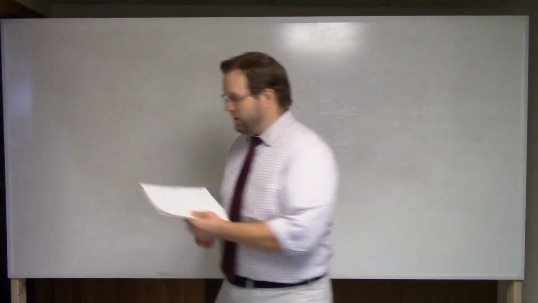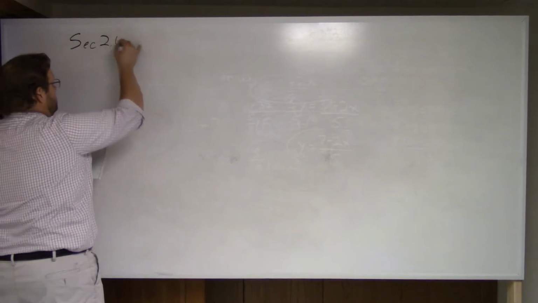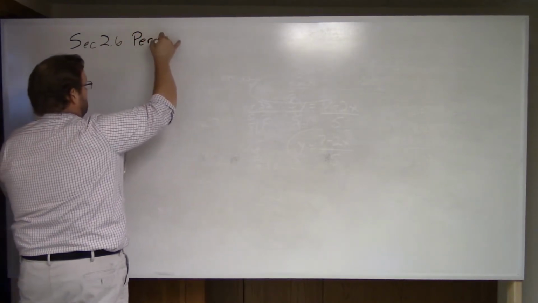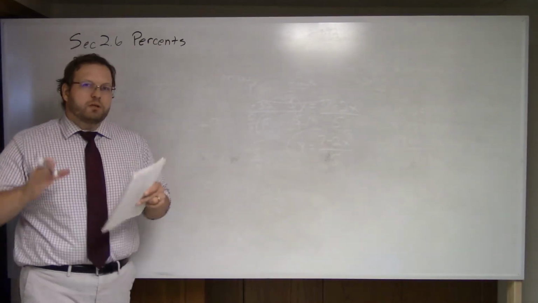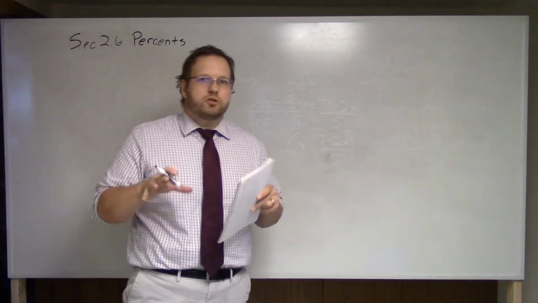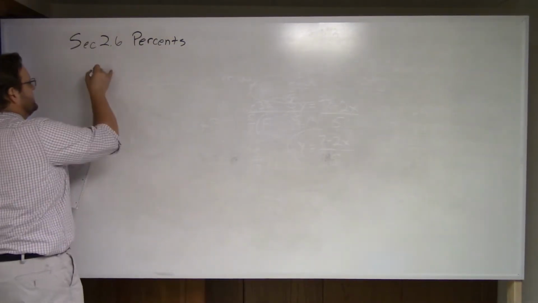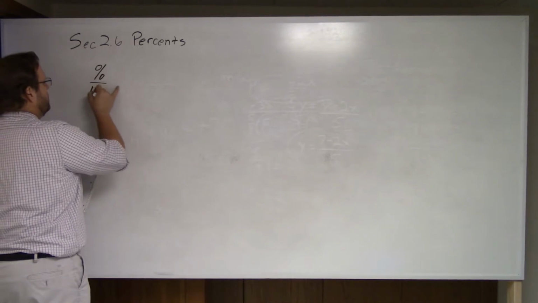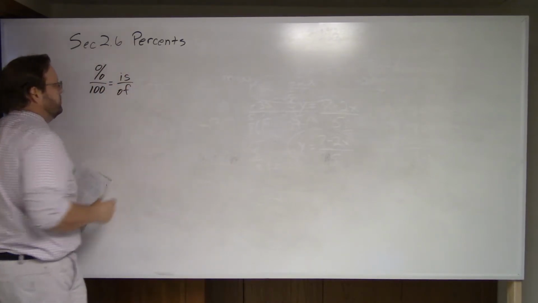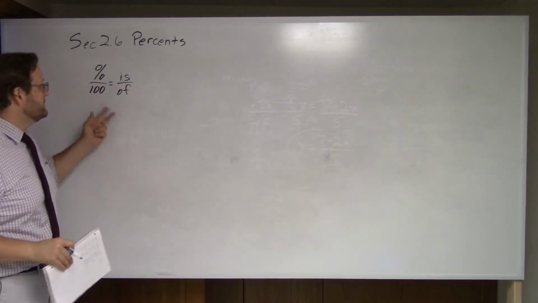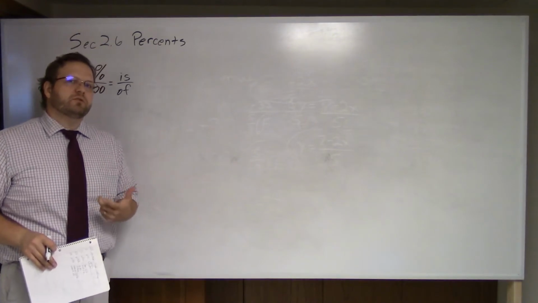So let's start out. We're looking at section 2.6 and we're talking about percents. Okay. Now, when we look at the setup for percentage problems, there's two main setups that people typically use. The first one is percent over 100 equals is over of. This is the one that they typically start out with when you first get introduced to the idea of percents.